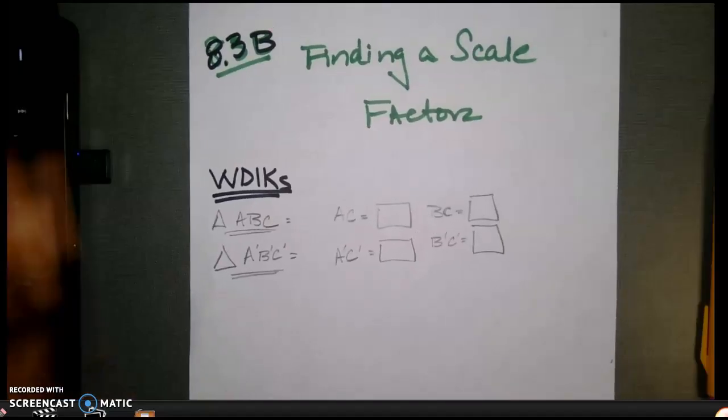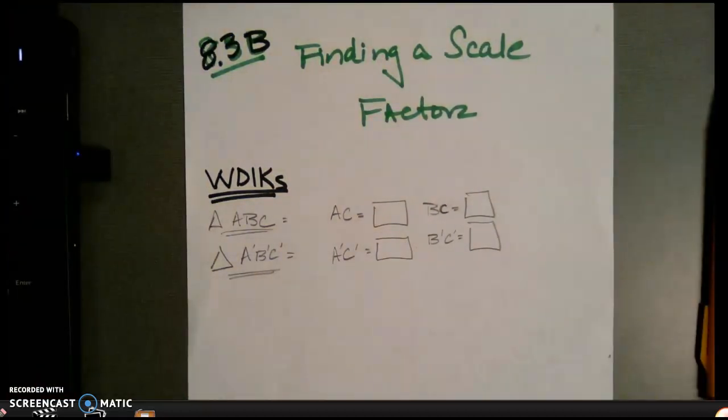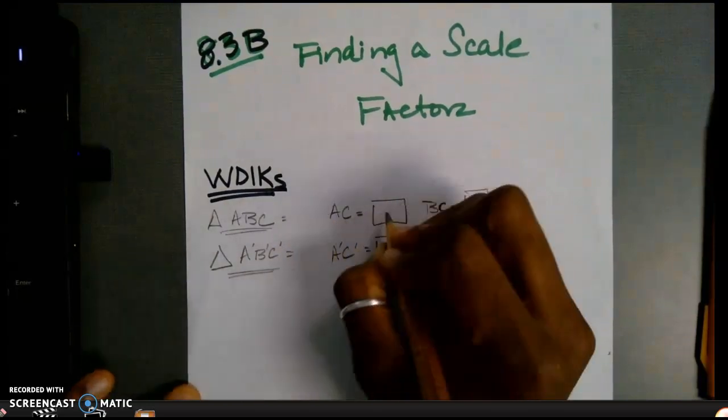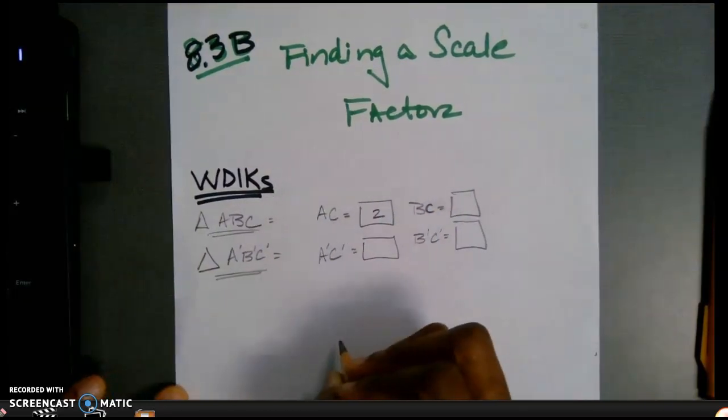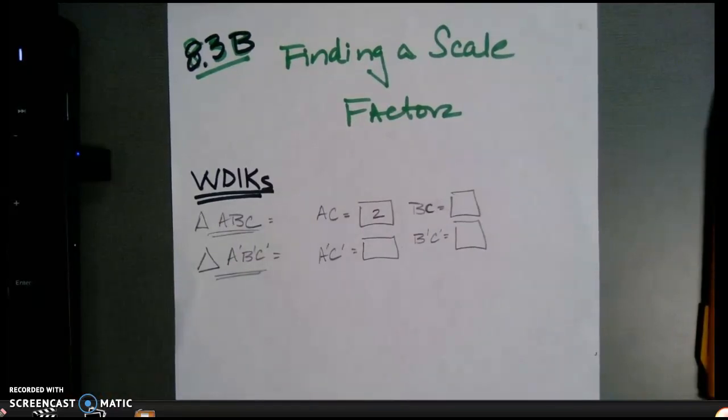All right, so if we take a look, I counted that the dimension of AC, that's A to C, was 2 units, okay? Now, it doesn't matter if the units are above or below the x-axis, because we're looking sort of at an absolute value of the number of units, okay?